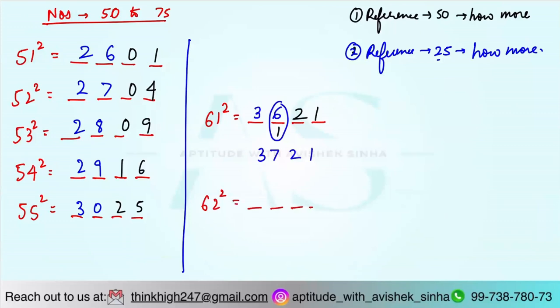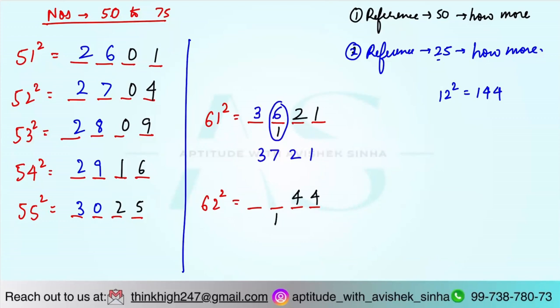Do it, everyone. It is 12 more. 12 square is 144. Please do it. So we write this as 144.